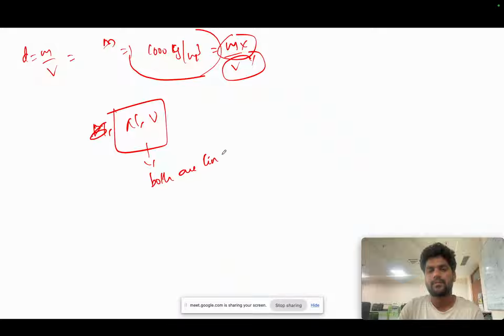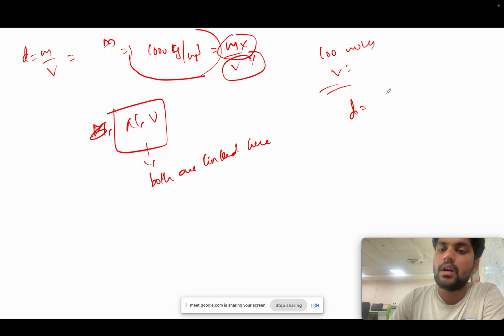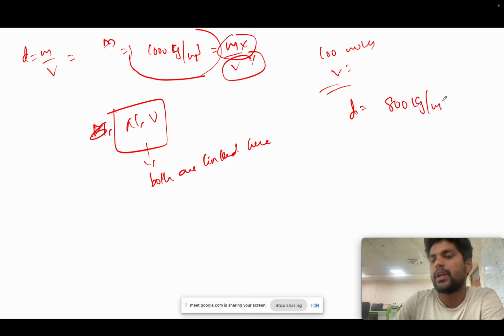Suppose whatever properties you have given, there are 100 molecules in the volume. Assume the volume is higher, so the density value will be lower. Just assume that I got 800 kg per meter cube.